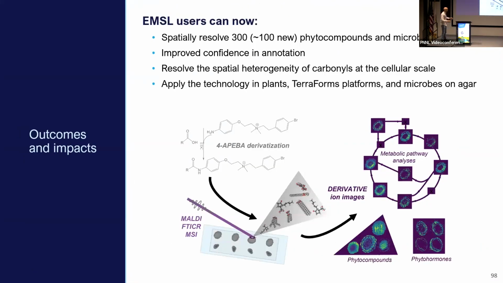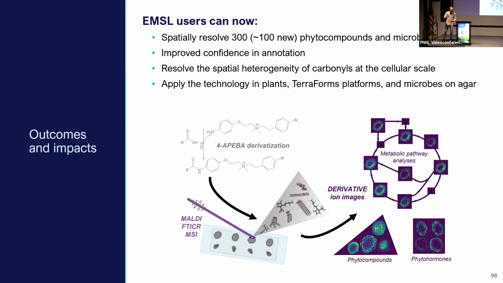So this is just a summary or conclusion of this talk: EMSL users using this workflow can now resolve roughly 300 to 400 molecular features in their sample. 100 of them are completely new, that we were not able to provide them before.